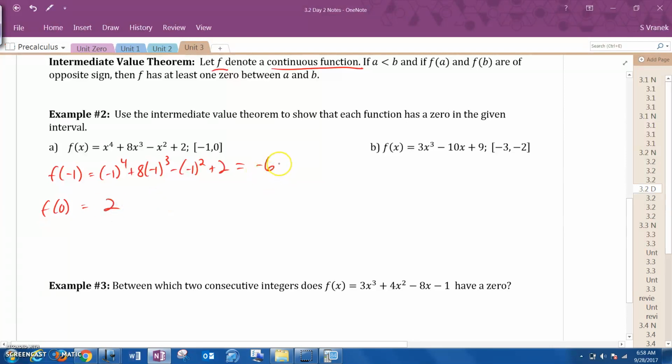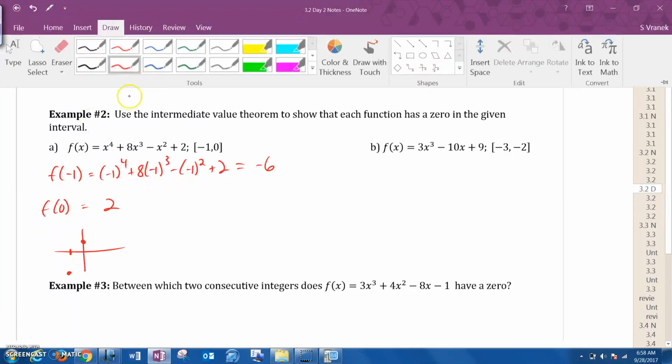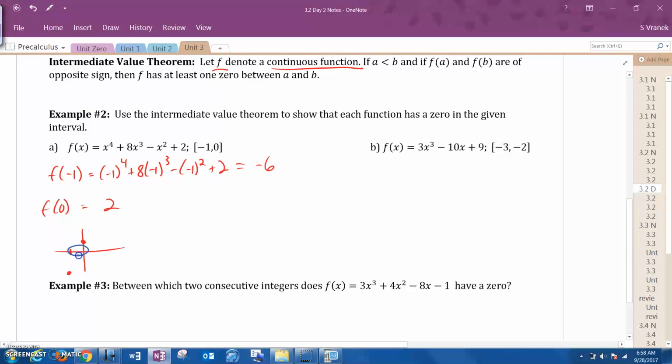Hopefully you notice that the graph goes from (-1, -6) to (0, 2). So that means if this thing is connected, somewhere in between -1 and 0, the graph had to have crossed the x-axis, and we just proved that.